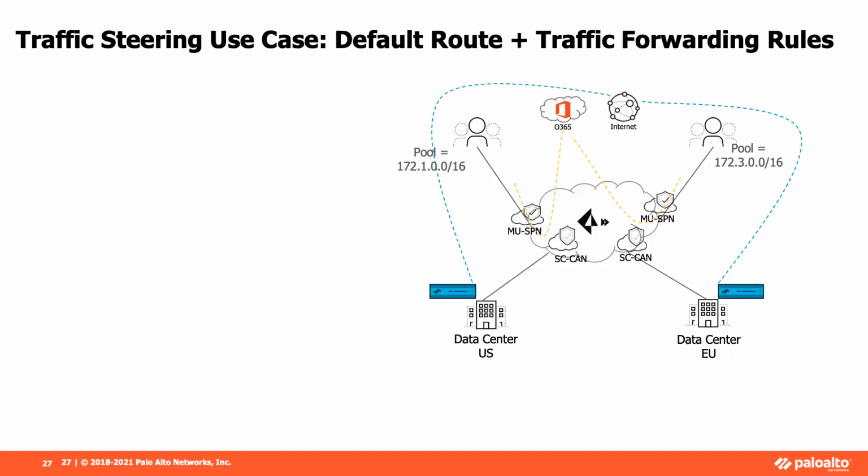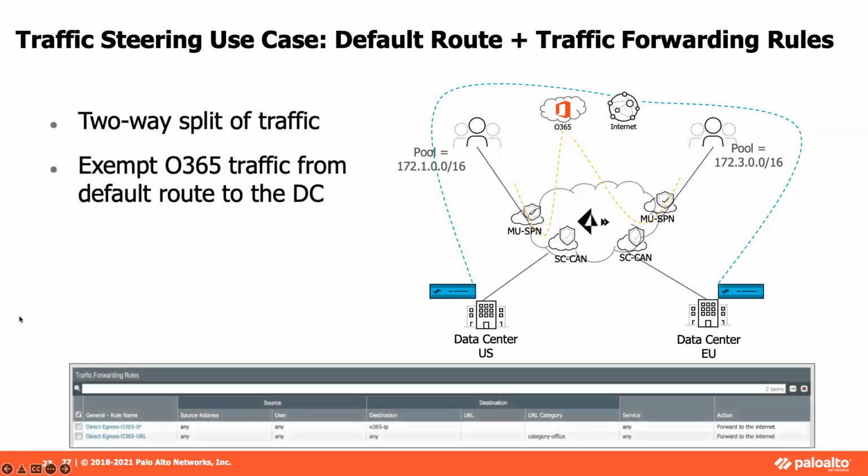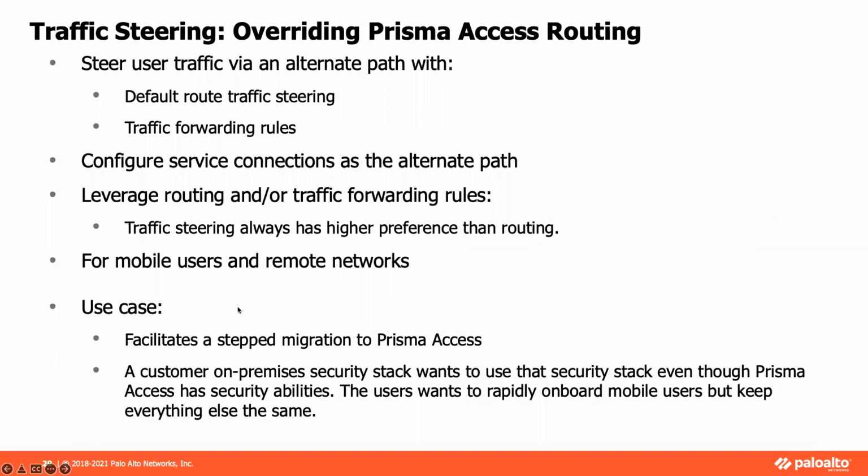I've got the options to do all of those sort of things using this traffic steering, along with a combination of default routes, BGP, hot potato routing, all of those sort of things mixed in together. So lots of different options there when it comes to routing with Prisma Access.